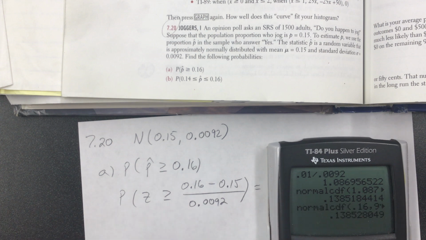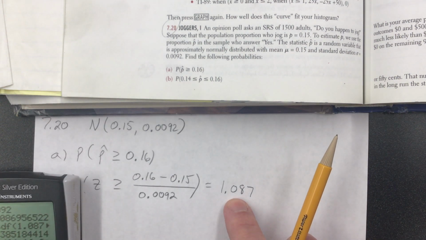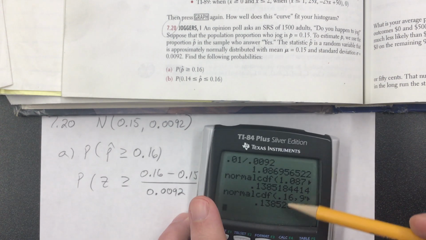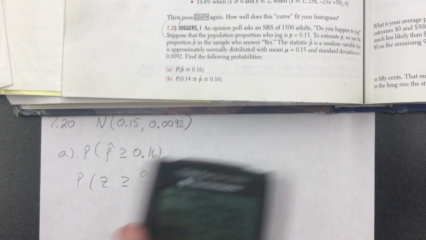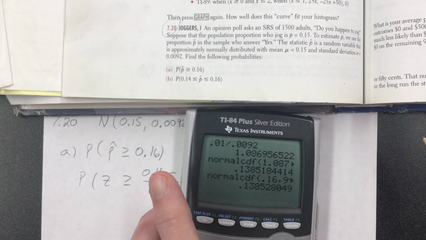It doesn't get the exact same answer because that was rounded. That's why you see a slightly different answer there, right? If I had kept enough decimal places, then these would have matched exactly.